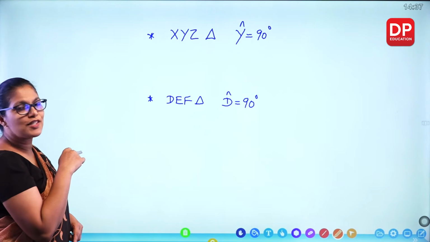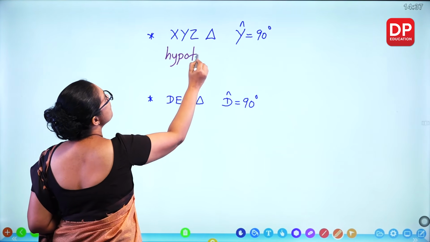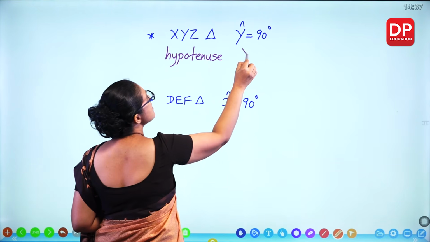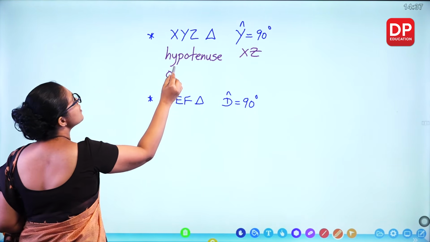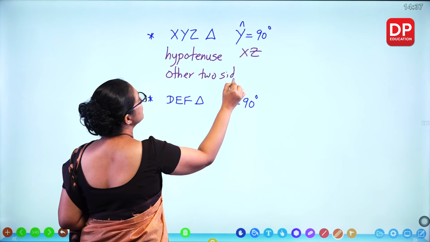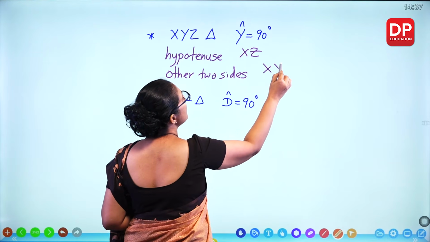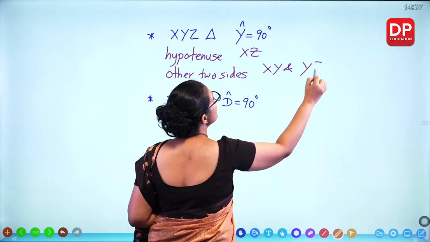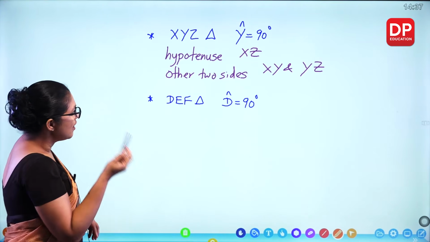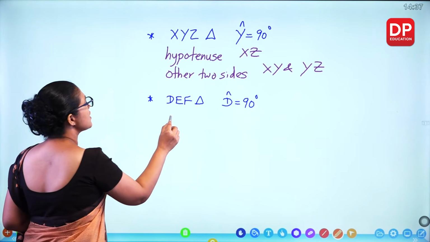Now we'll see without the diagram. Write down the hypotenuse. What's the hypotenuse here? Without the Y letter, XZ. What are the other two sides? XY and YZ. You can connect the Y letter with the other sides. If DEF is a triangle and D angle is 90, what's the hypotenuse there?